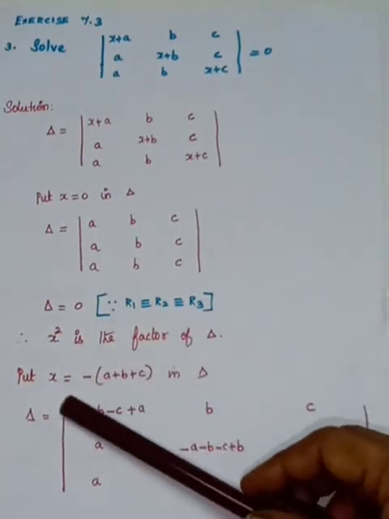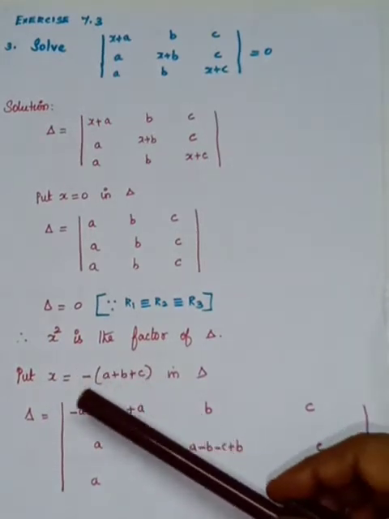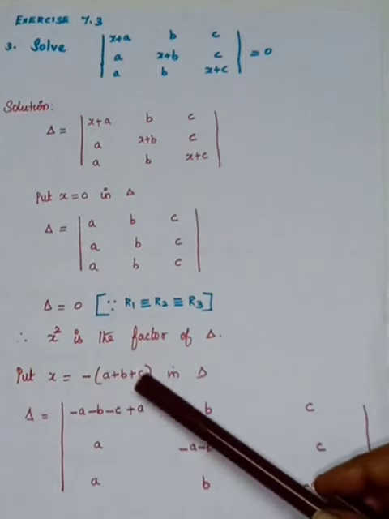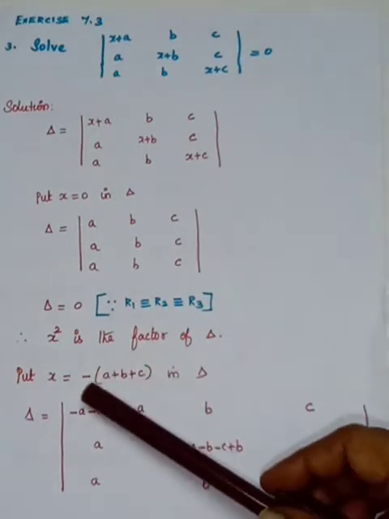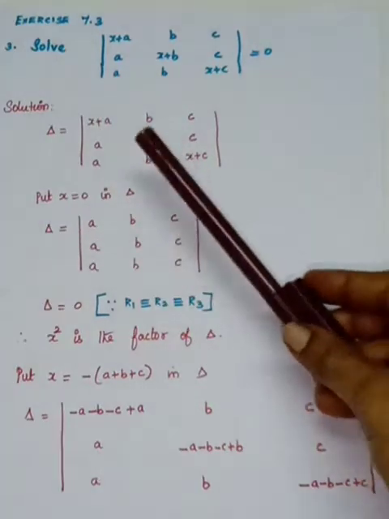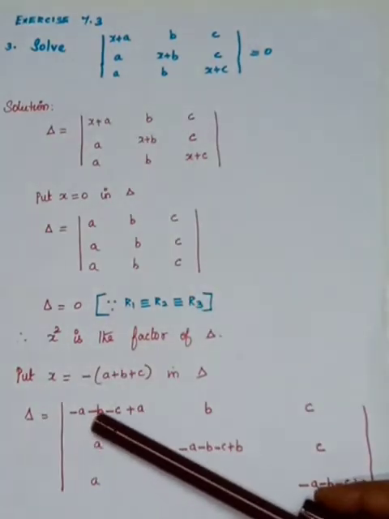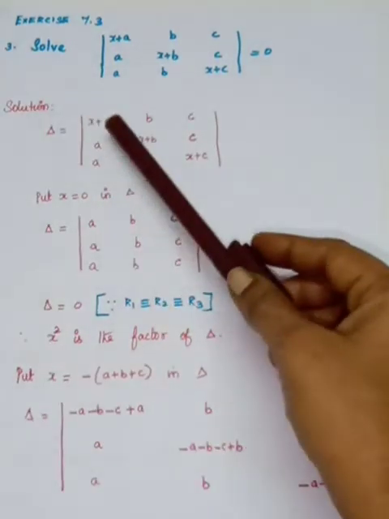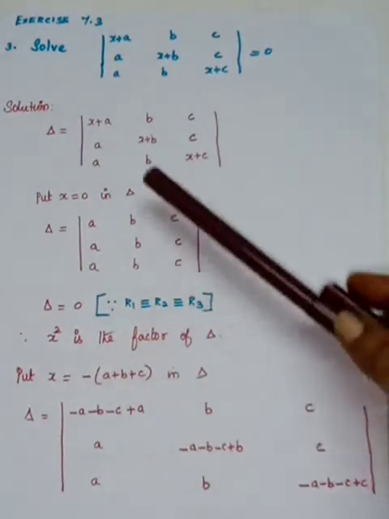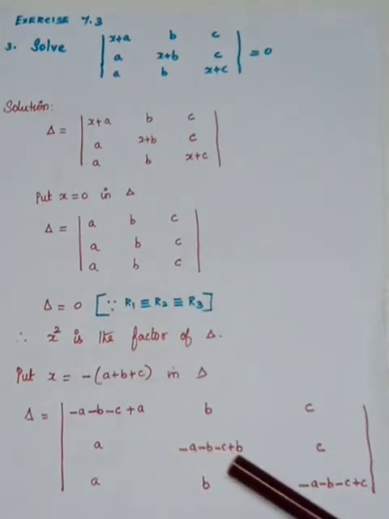Next, you have to substitute x equal to minus of (a plus b plus c), that is minus a minus b minus c. When you substitute in delta, here you will have minus a minus b minus c plus a, in this place minus a minus b minus c plus b, and here minus a minus b minus c plus c.